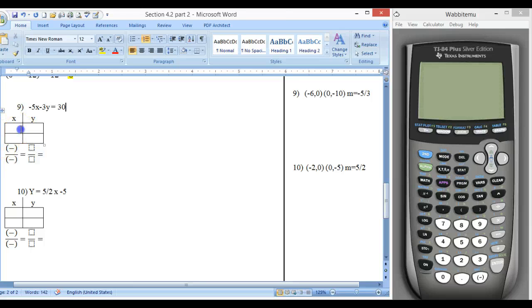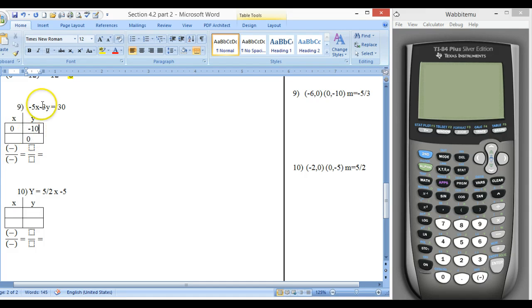9. So again, we're going to do 0 and 0. 0 substituting in for x cancels this term, and I'm left with negative 3y equals 30. Divide both sides by negative 3, and that leaves me with y equals 30 divided by negative 3 is negative 10.